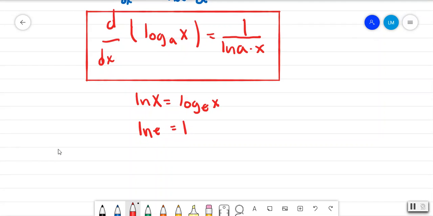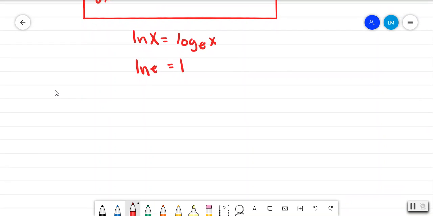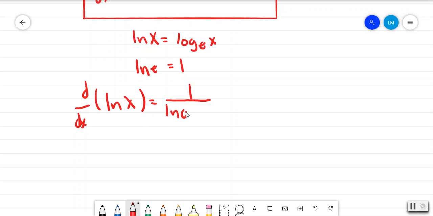So if I'm taking the derivative of natural log of x, it's going to be equal to 1 divided by natural log of e times x, but that's really just 1 over x.